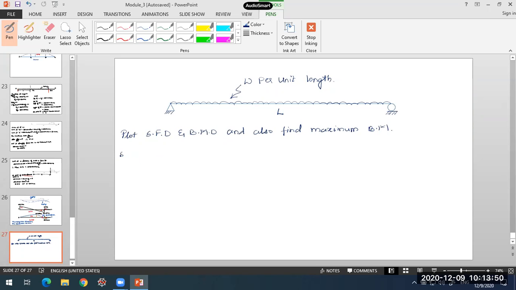For this, first I go for calculating the support reactions.